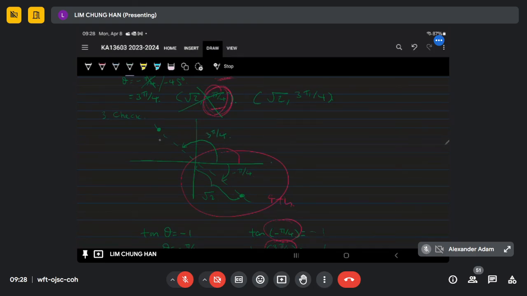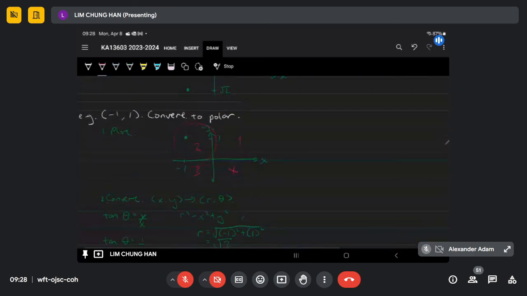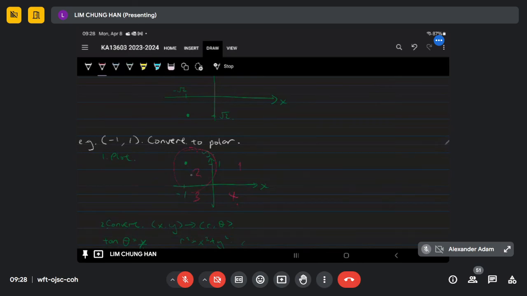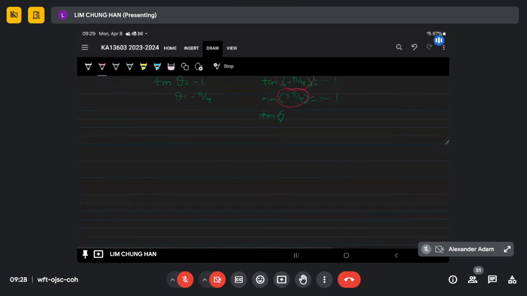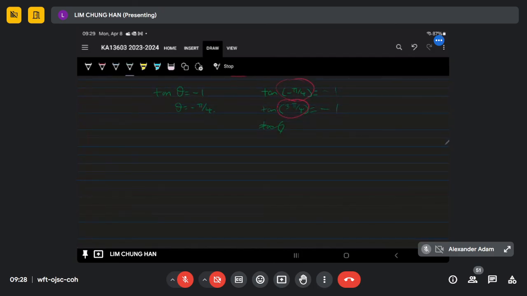Now, which quadrant is 3 pi over 4? Quadrant 2. Is this the same as the question? Yes. Now it's correct. So the correct answer is this.